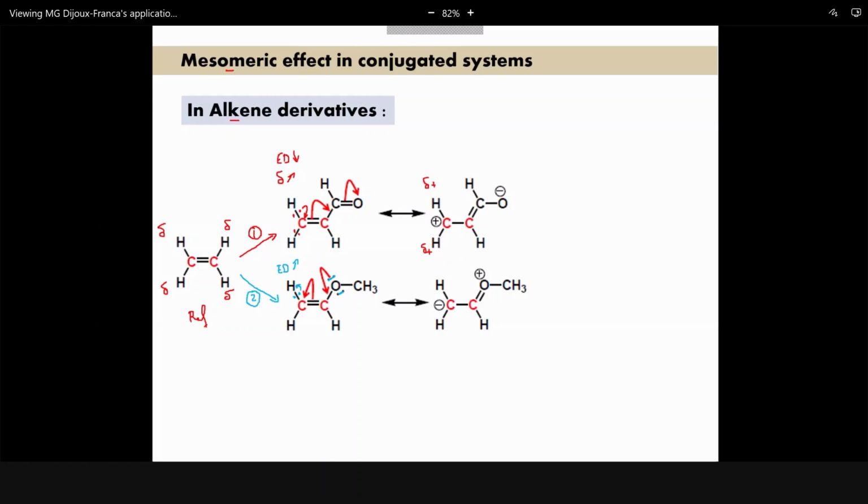That means that the chemical shift will decrease. We have a shielding effect. So here we have a delta minus because it's richer in electrons. Oh, sorry, it's here. Here we have a shielding effect. And here a de-shielding effect.